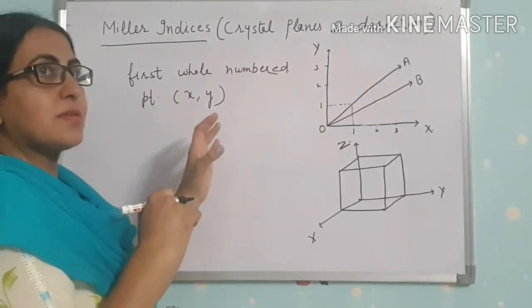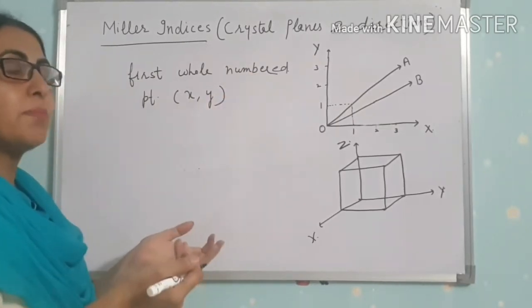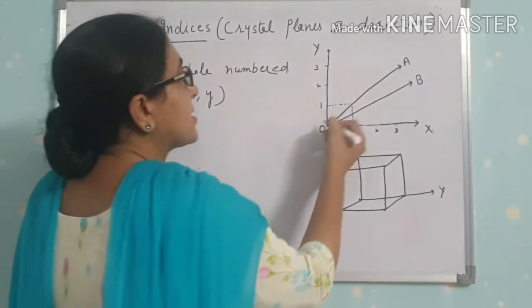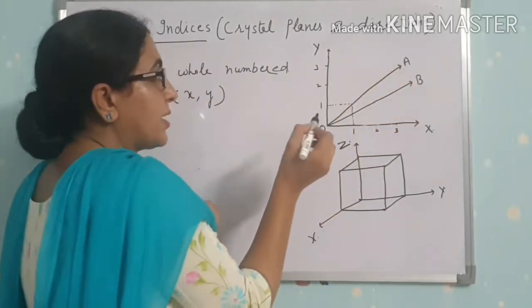So this direction is described by the first whole numbered point. Say this direction, which is described by the arrow at A.